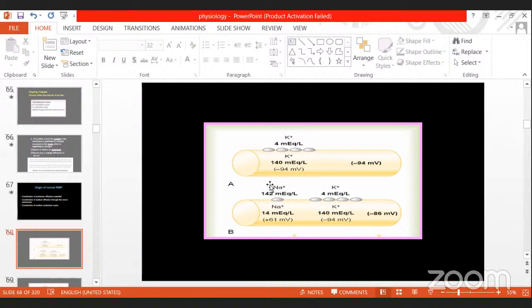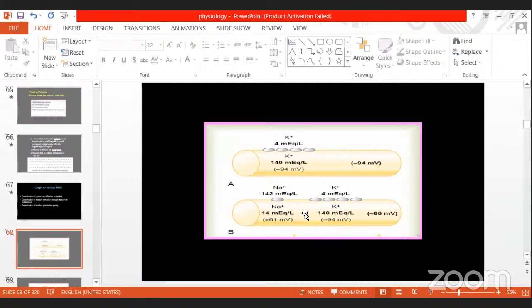Coming to sodium, outside it is 142 milliequivalents and inside it is 14 milliequivalents. So outside, sodium is 142 and potassium is 4, approximately 146 together. Inside, sodium is only 14 milliequivalents and potassium is 140 milliequivalents, which provides a negative potential of around minus 94 millivolts.